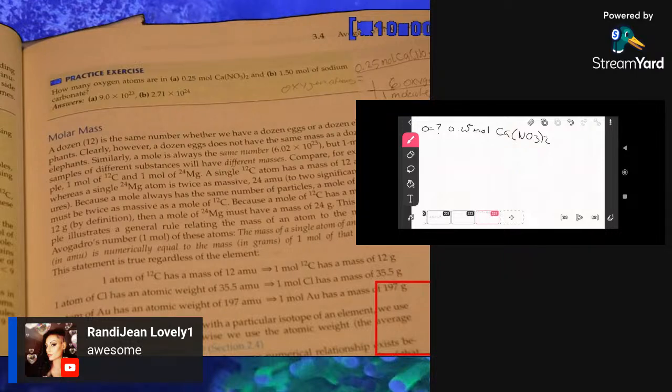That's the first one. You can see the answer says 9.023, but we're going to have to figure out how they got that number.